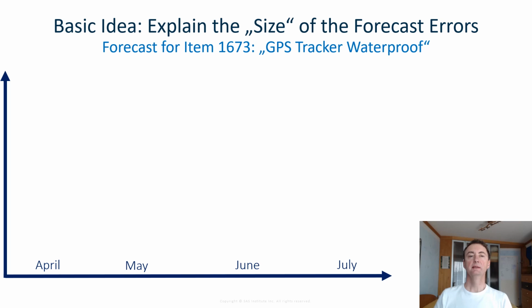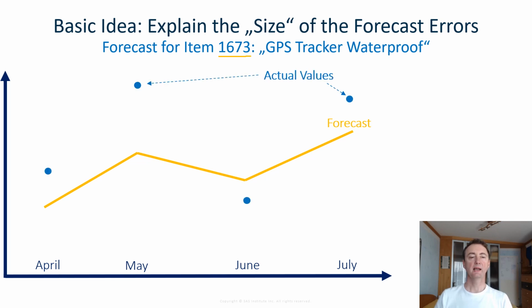So the basic idea of our example looks as follows. We have a product, for example, item 1673, which has a forecast generated by the analytical model that looks as follows, and we now see the actual values.